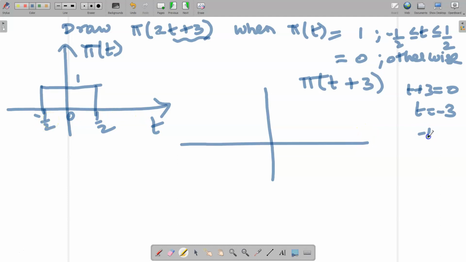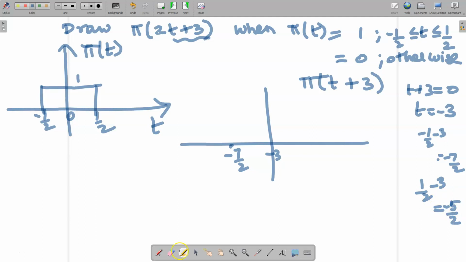So, minus 1 by 2 minus 3 is nothing but minus 7 by 2, and this is minus 3, and then 1 by 2 minus 3 is minus 5 by 2.